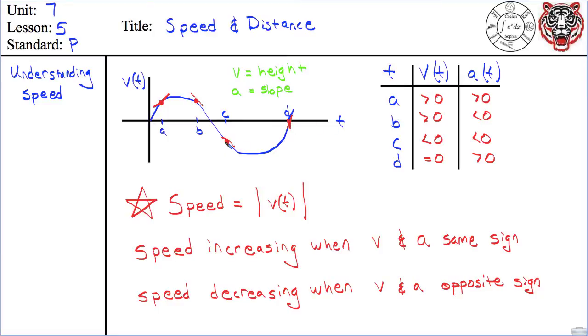I guess everything makes sense up until D. So what's happening at D? Am I speeding up or am I slowing down? Technically, you're speeding up because you have a positive move.